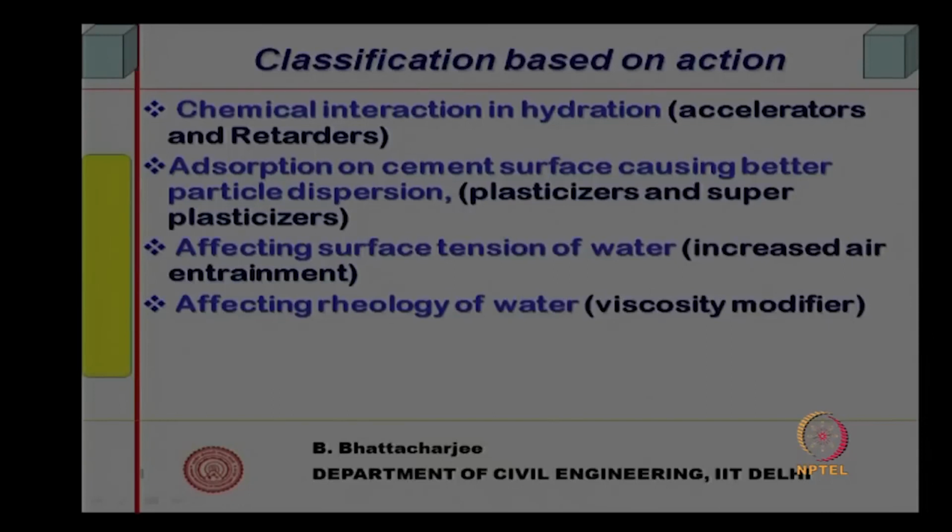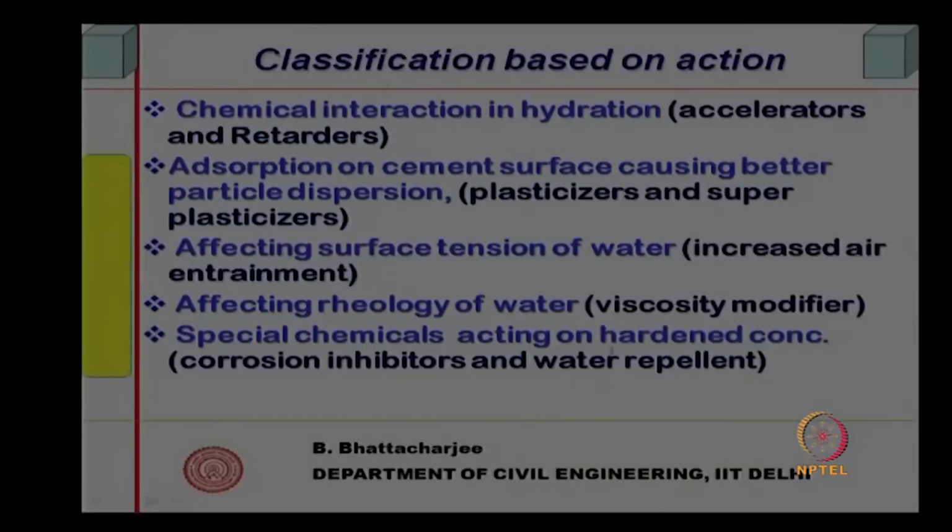They are similar to anti washout admixtures. So, they actually affect the rheology of water, the viscosity property of water. They can modify the viscosity of water. In other words, it can thicken the water. We will look into that when we discuss in detail.